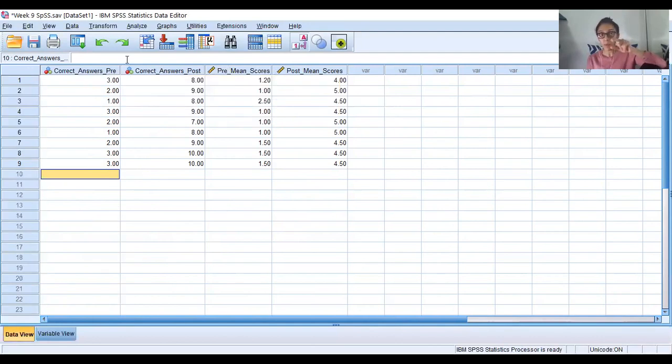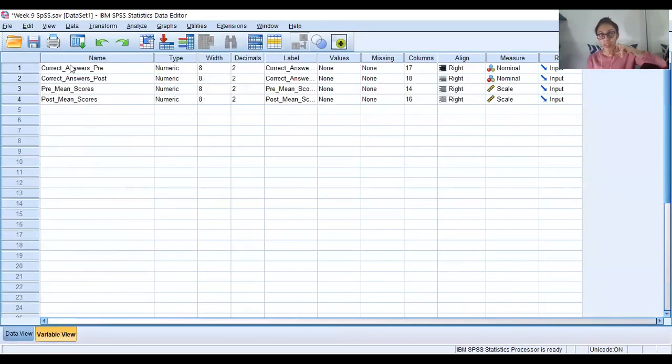That labeling of the columns is what you have to do in variable view. This is where you manually type in what your columns are. Column 1, 2, 3, 4. Nominal scale is for categorical variables. My apologies, this is a mistake. Everything is actually scale over here.